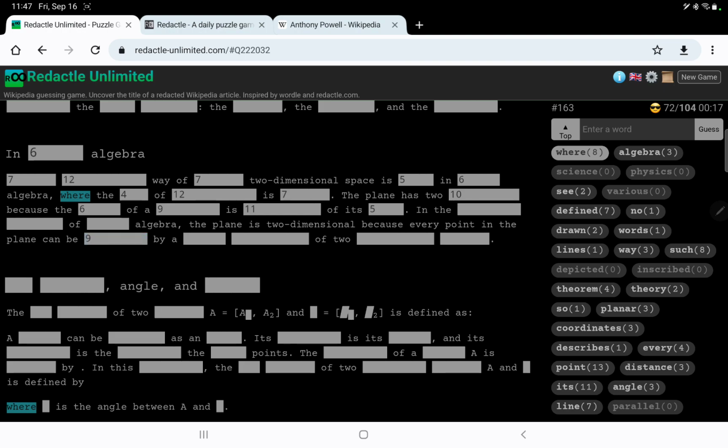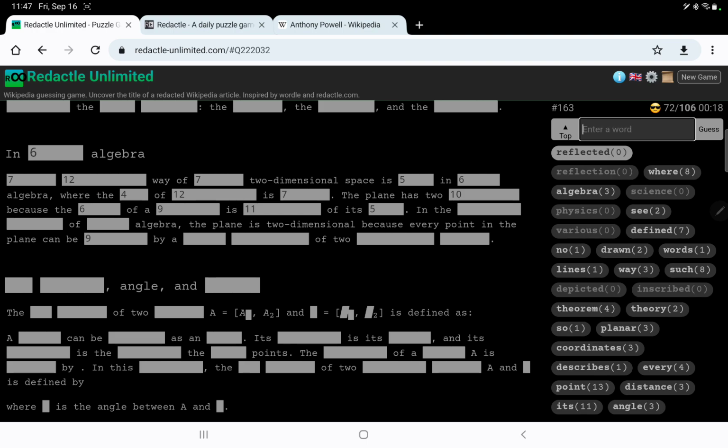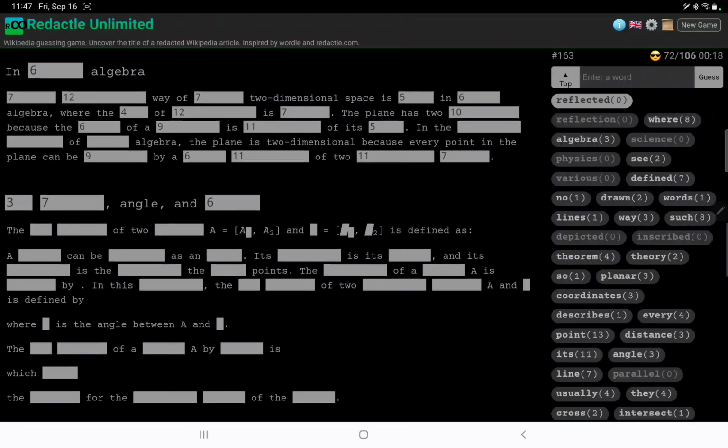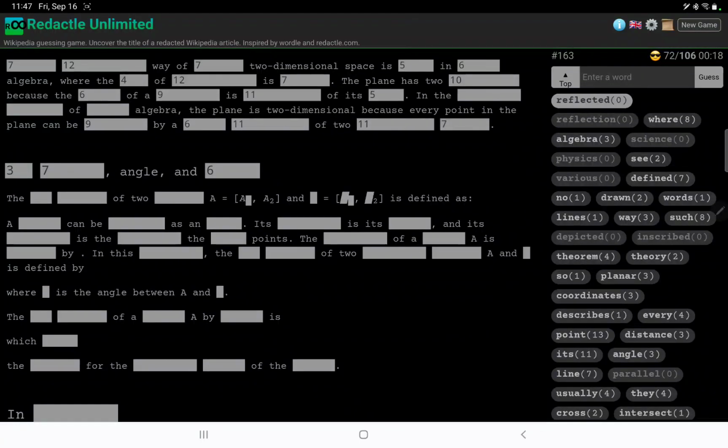I wonder if this is something to do with reflection. Reflected. No. Okay, we're probably going to have some maybe Greek letters here.